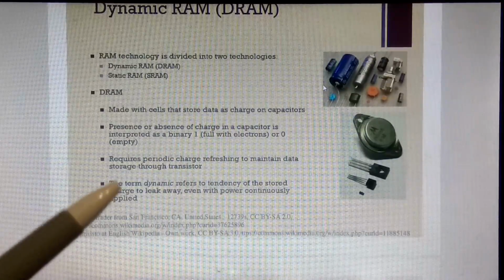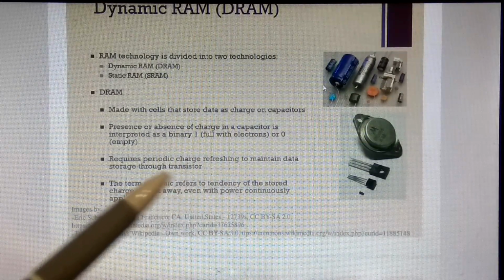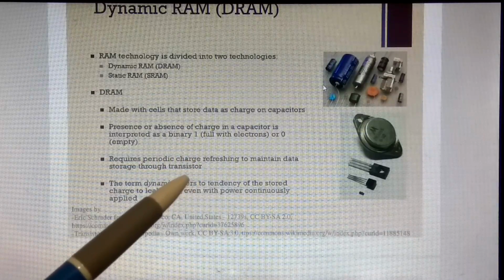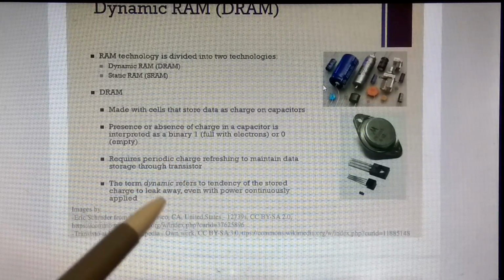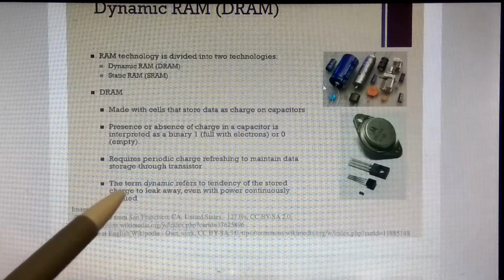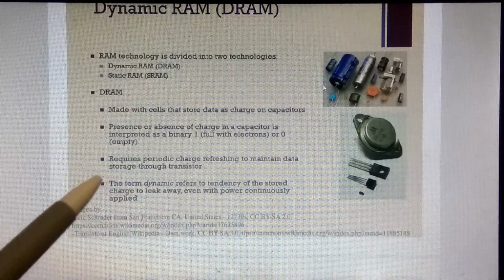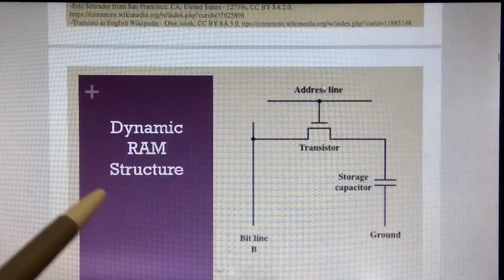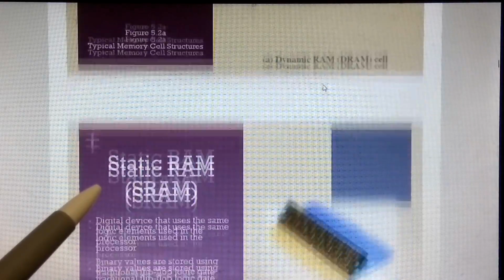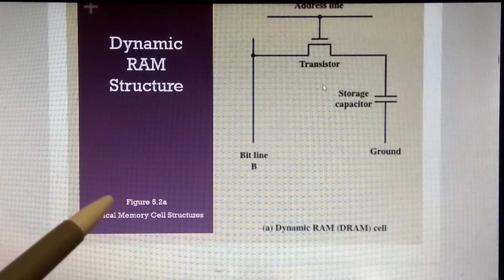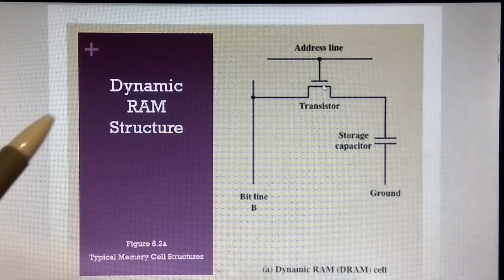DRAM requires periodic charge refreshing to maintain data storage through transistors, and the term dynamic refers to the tendency of a stored charge to leak away even if power continues to be applied.